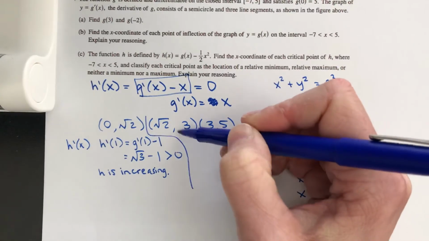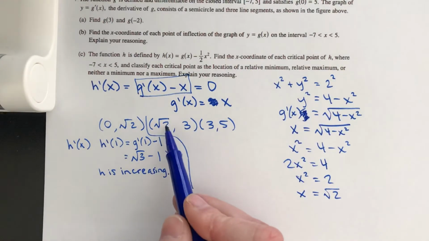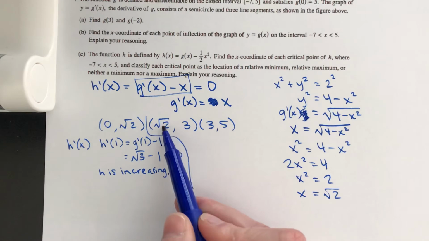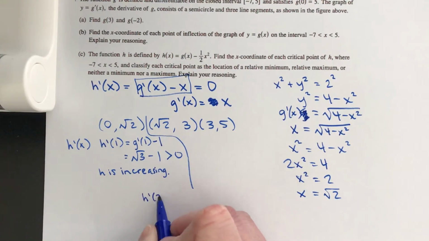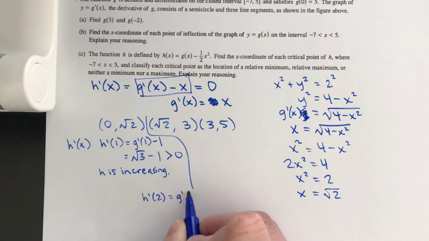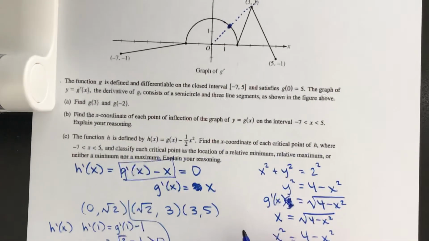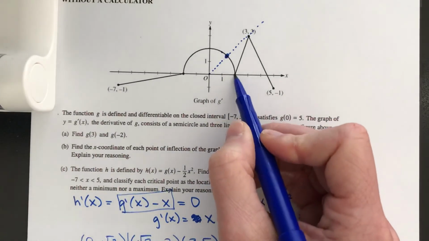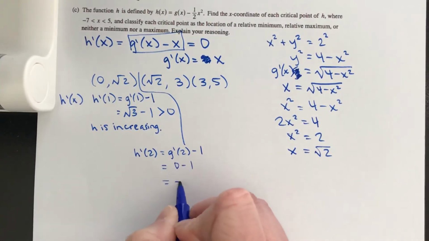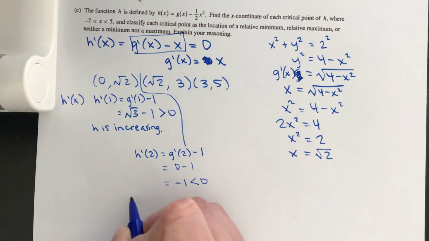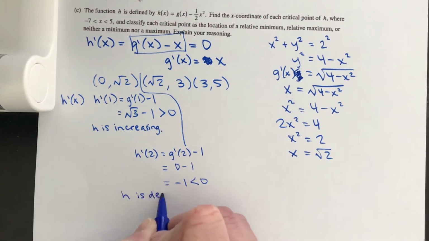Now I need a point between the square root of 2 and 3. The square root of 2 is about 1.414 and the other is 3, so I'm going to pick 2. h prime of 2 would be g prime of 2 minus 1. Going up to my graph, g prime of 2 is 0, minus 1, I get negative 1. That's less than 0, so that tells me h is now decreasing.